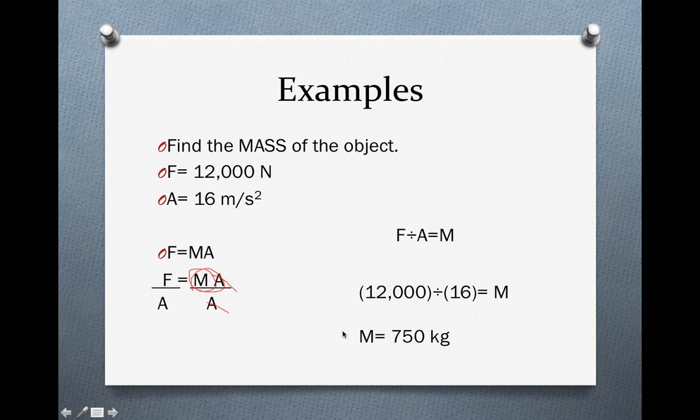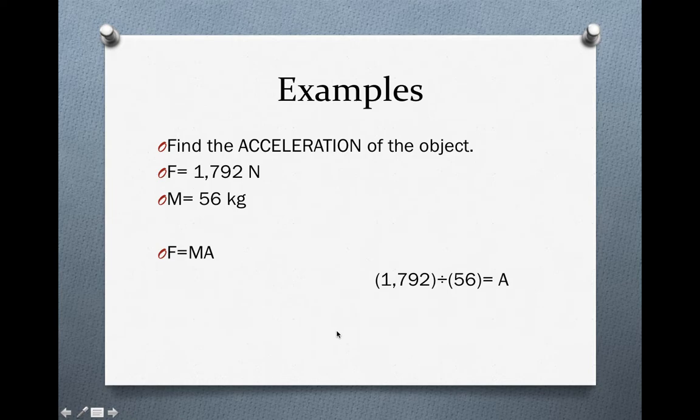All right. Now, what if we have the mass and we have the force? Well, now how do we calculate that? Well, what we're going to do is find the acceleration of the object. All right, so we have our force, which is 1,792 newtons, and our mass is 56 kilograms.